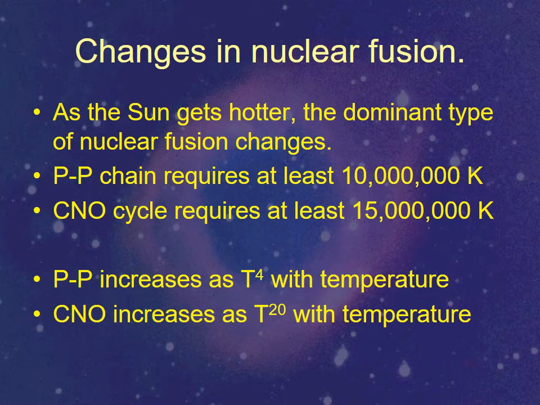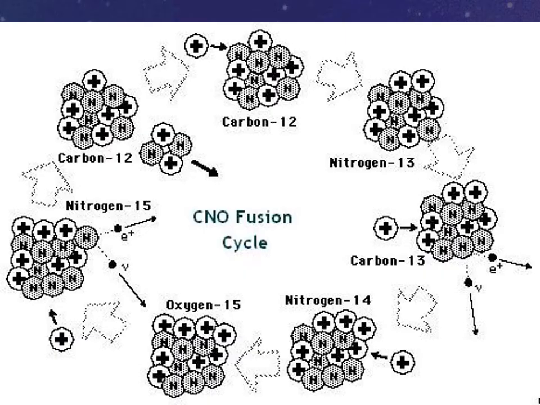Eventually, though, another cycle starts to kick in, and that's what we call the CNO cycle. Carbon is not very common in the sun, but there's a little bit of carbon. And so what will happen is a carbon will grab a proton, basically a hydrogen nucleus, and become nitrogen-13. Then nitrogen-13 will grab another proton and become a carbon-13.